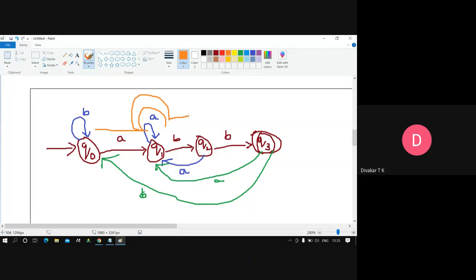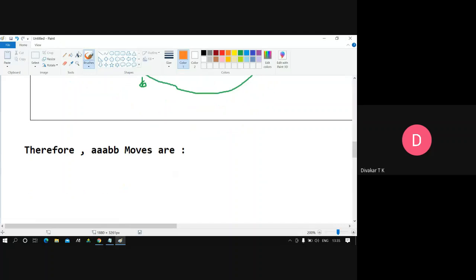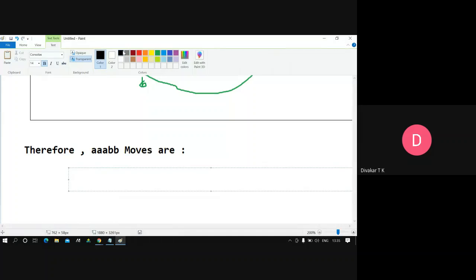Then B, B we are done. We are ending, no? So that part we are supposed to write here. How to write it? Simple, sir. First part here, Q0. From Q0 we go to Q1, taking the A symbol.